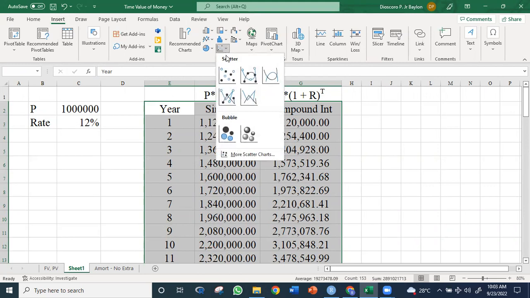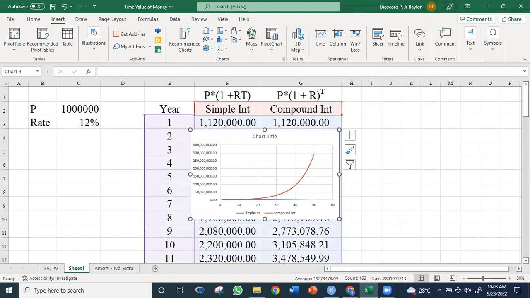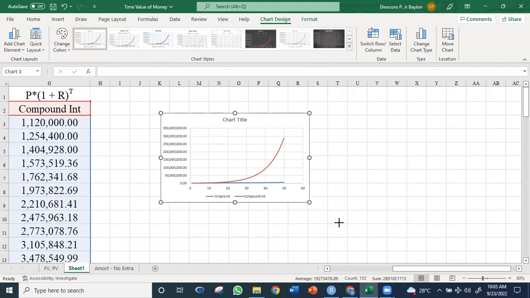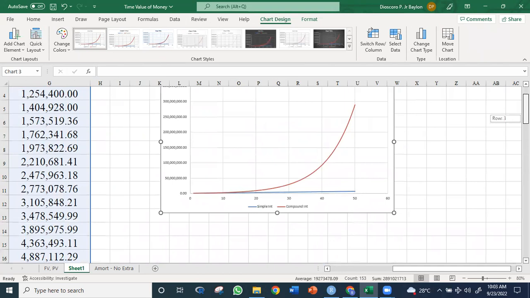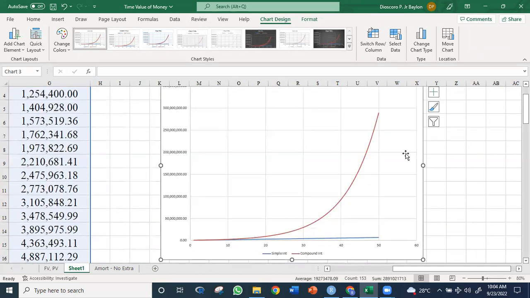Let me use this one without the dots. Okay, so you can see here the difference between a compounded interest and a simple interest.